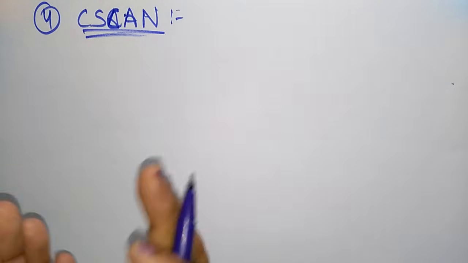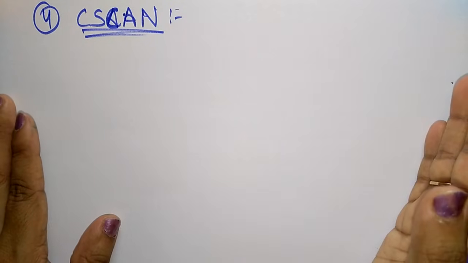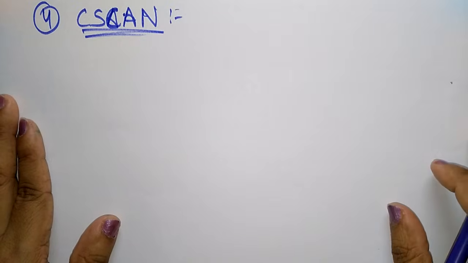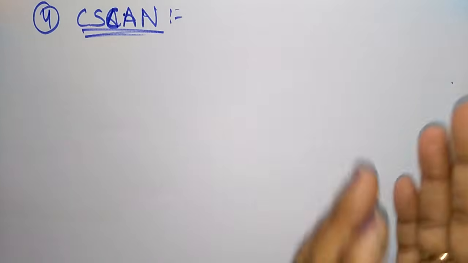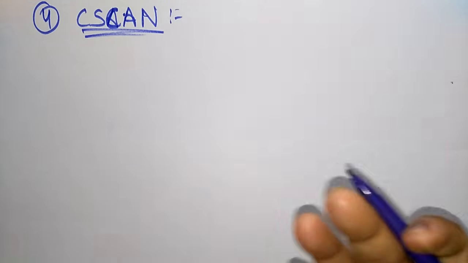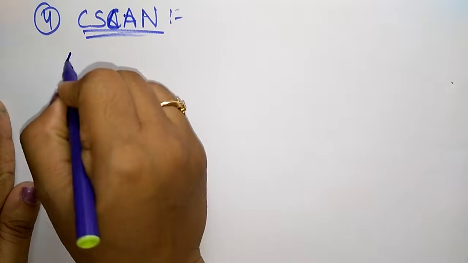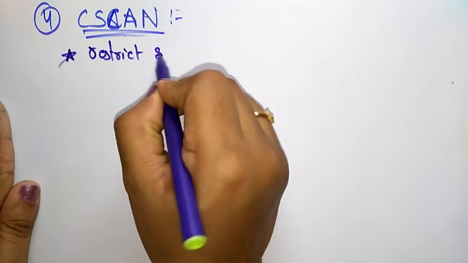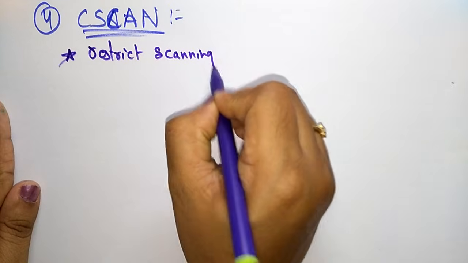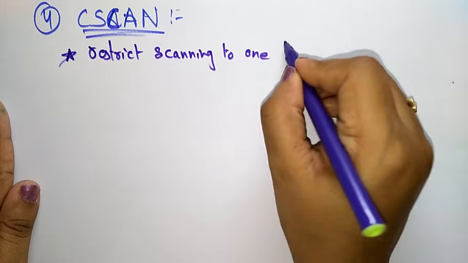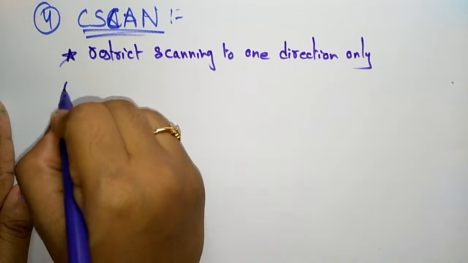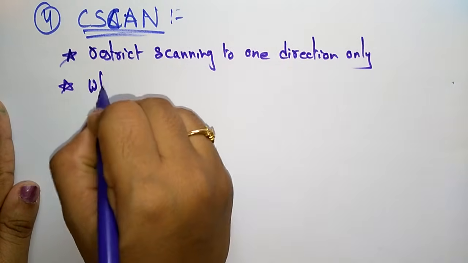CSCAN is also restricted scanning in one direction only, but when the last track has been visited in one direction, the arm is returned to the opposite end of the disk and the scan begins again. So instead of reversing, it just moves to the opposite side.